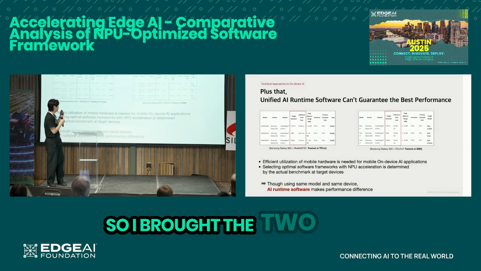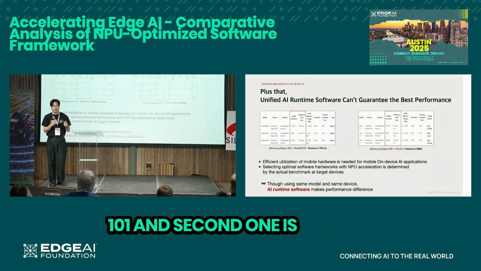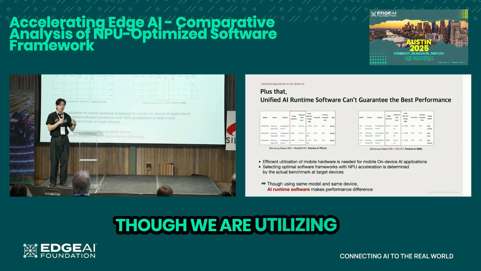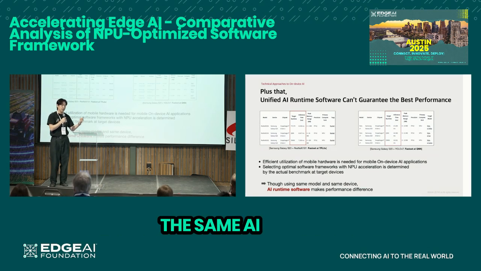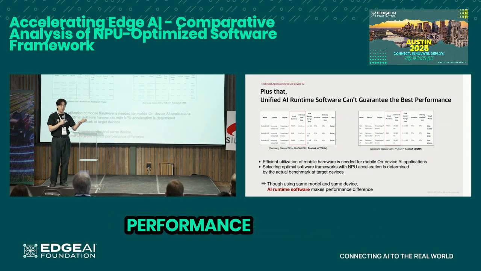So I brought two examples. The first one is ResNet 101, and the second one is YOLO V7. The key point is that even though we are utilizing the same device and the same MPU with the same AI model architecture, the runtime software makes the performance difference.